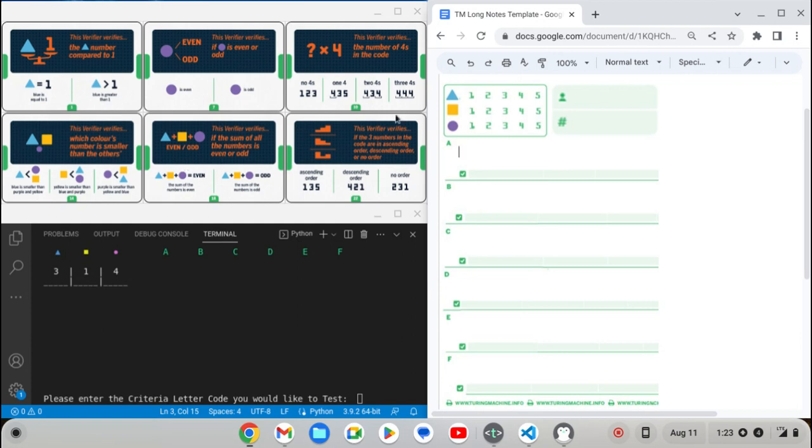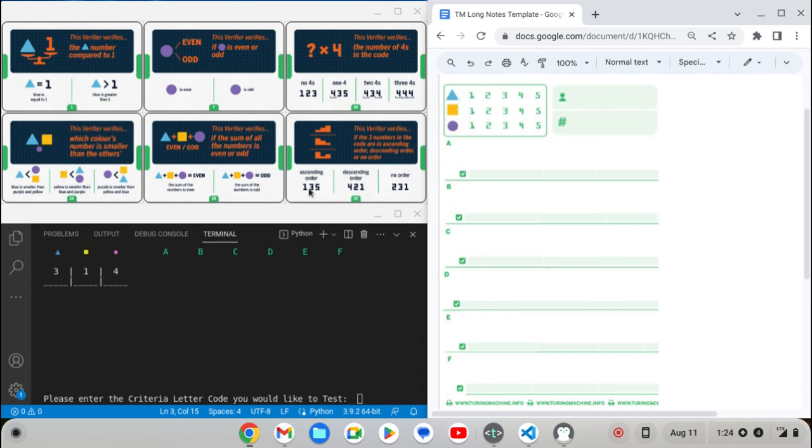Criteria card E again looks at our 3 digits, triangle, square, and circle, but this time we'll add the 3 digits together, and the Turing machine will let us know whether the sum is an even quantity or an odd quantity. And finally, criteria card F again looks at our 3-digit solution and will let us know a little bit about the ordering of our 3-digit solution from triangle to square to circle.